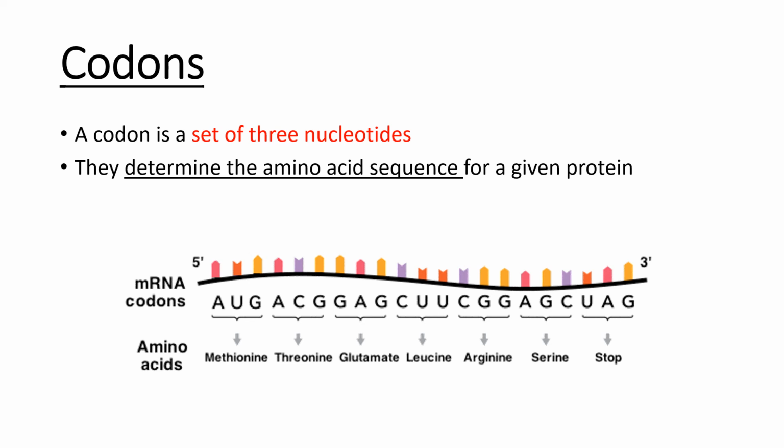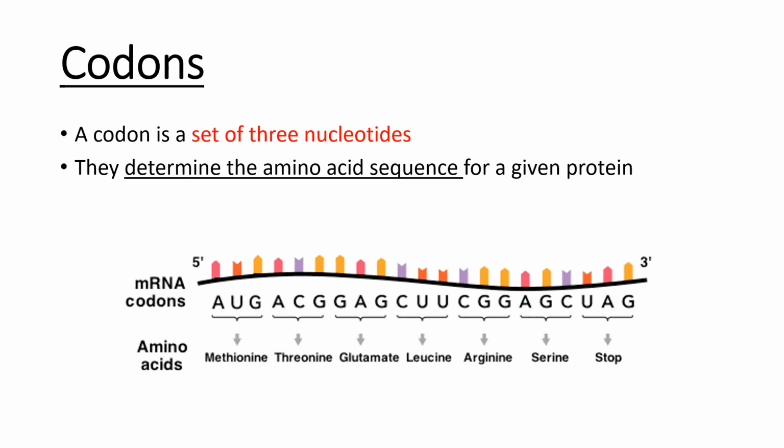Here at the bottom of the screen, I have an mRNA, and I have all the nucleotides labeled below, already in sets of 3. Each set of 3, as you can see, is a code for a specific amino acid. That's what the transfer RNA is going to recruit. And this is really important when we talk about amino acid sequences and proteins.